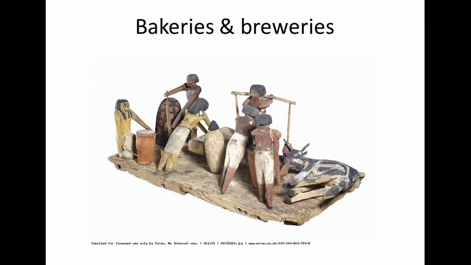There's the eternal woman in the ancient world grinding corn. Storage jars here. So this is a model of people making your bread, your beer, and your meat, which would magically come to life to provide your bread, your beer, and your meat in the afterlife.